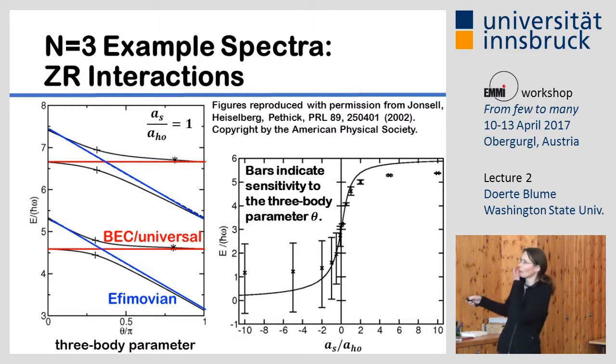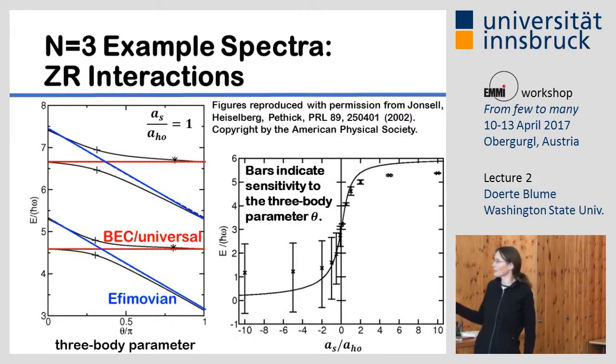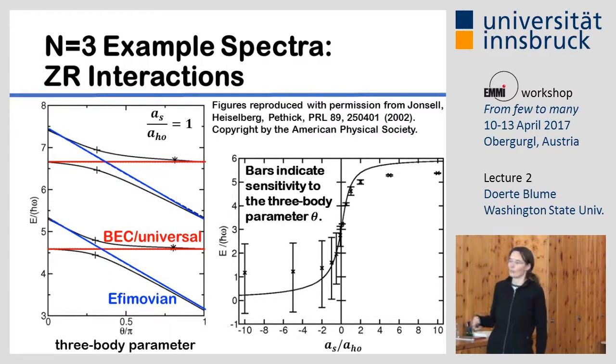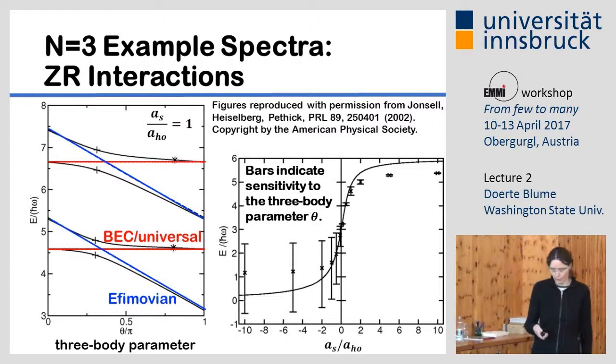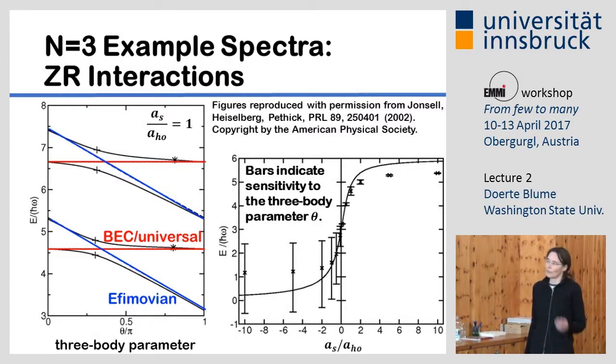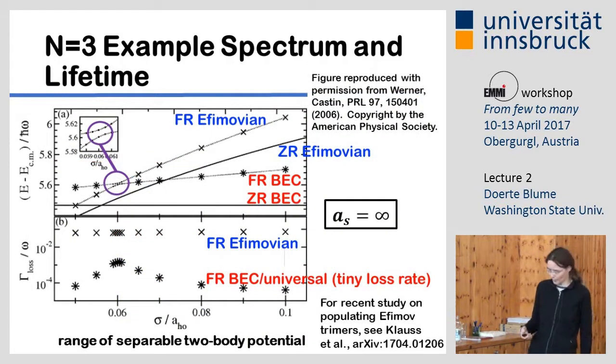And what you see here, as indicated by these bars, is that there's a prediction that even in this regime, when the system is effectively non-interacting, the S-wave scattering length is 0, there's still predicted to be some dependence on a three-body parameter. So there's a later study that looks at similar systems, similar physics. This is by Werner and co-workers.